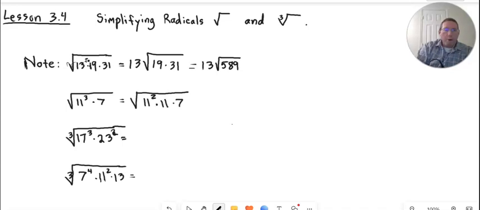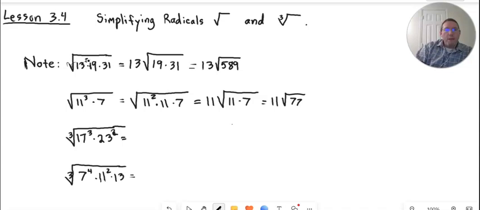We're breaking up the 11 cubed into 11 squared times 11, because we can now take the 11 out of the radical, and left underneath is the other 11. So we simplified two of the 11s. The third 11 stays under the radical, as does the 7. We wind up with 11 times the square root of 77, because 11 times 7 is 77.